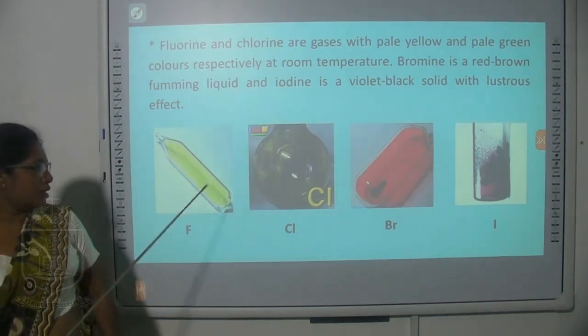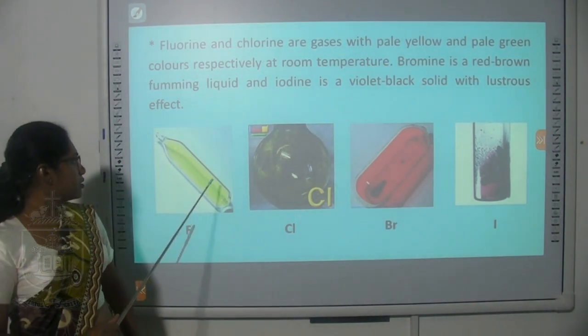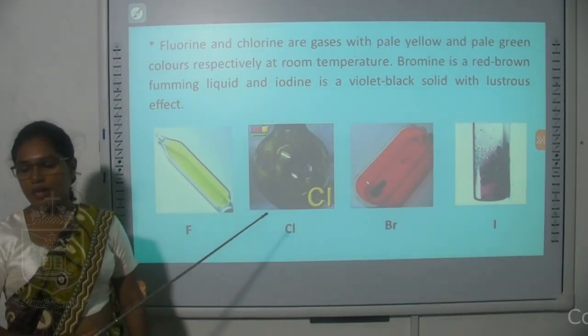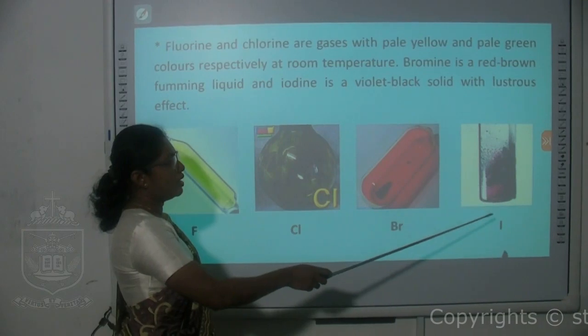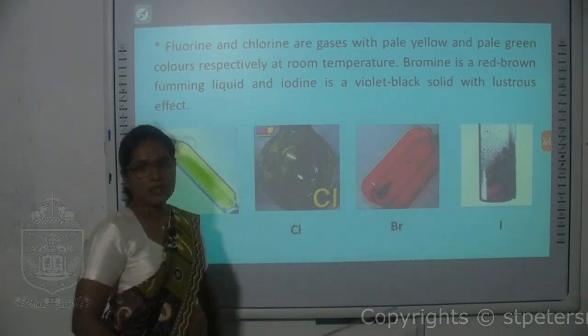So you can see here the first two elements are gases, and the third one is a liquid, and iodine is a solid.